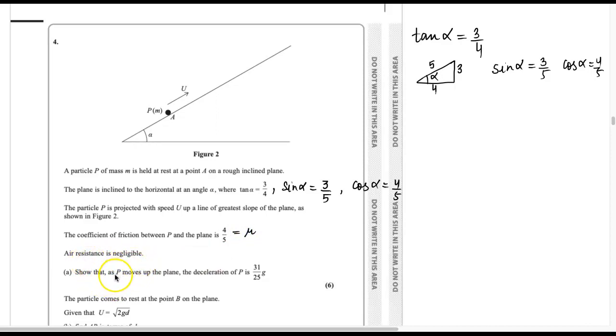We have to show that as P moves up the plane, the deceleration, that means it is projected, you pushed it, it's going to be moving up, and at some point it is decelerating, that means speed is decreasing, and at some point it will stop. This is something like that I'm able to understand from this context. Okay, so we have to show that its deceleration is 31/25 g.